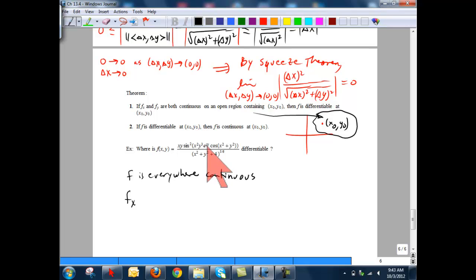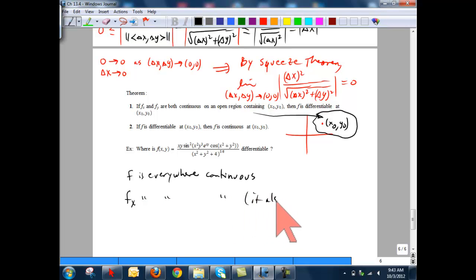You get more exponentials. And what happens when you differentiate sinusoids? You get more sinusoids. And so, without writing down the exact expression for the first partial of f with respect to x, it's going to be built out of polynomials, exponentials, and sinusoids, which are everywhere continuous. So we can just say that the first partial of f is everywhere continuous.